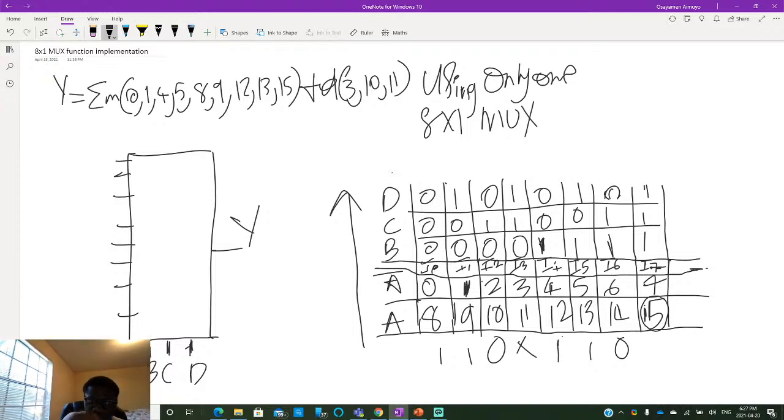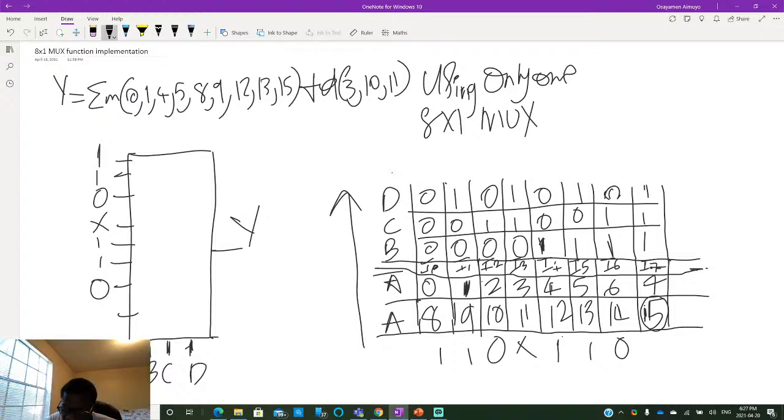So what we're going to do is to fill in these. So we have 1, 1, 0. Don't care. Could be either. Doesn't matter. Then for 12, 1, 1, 0.